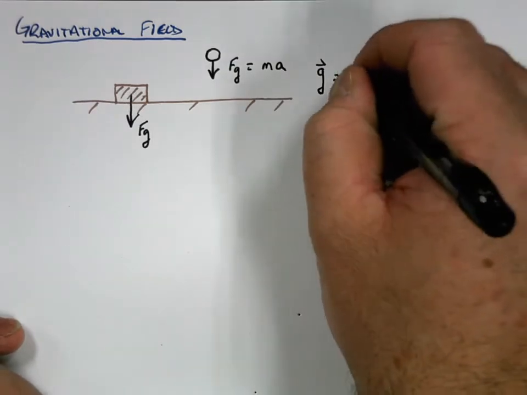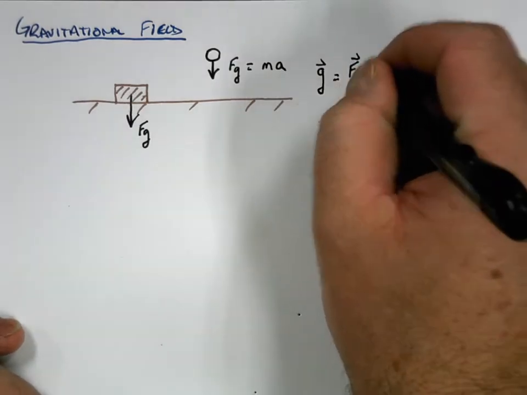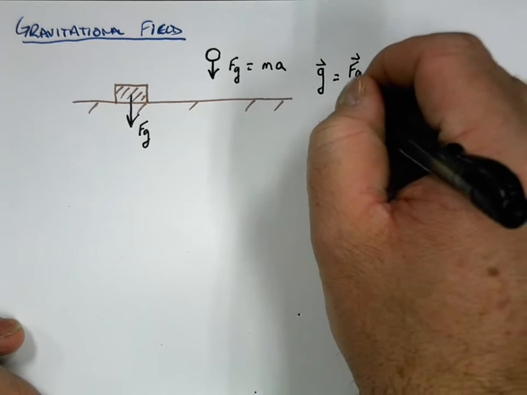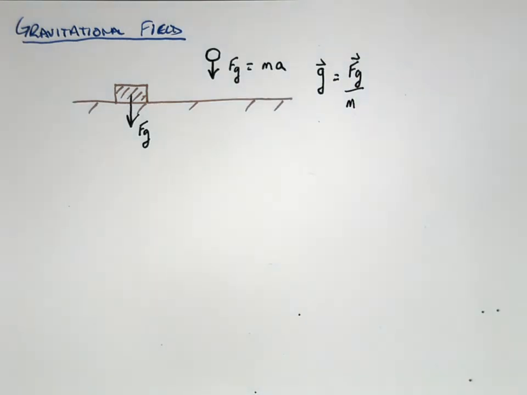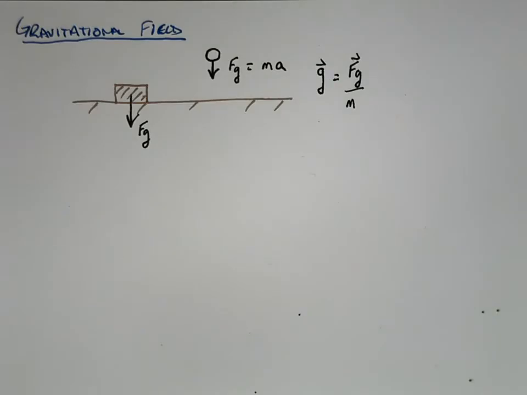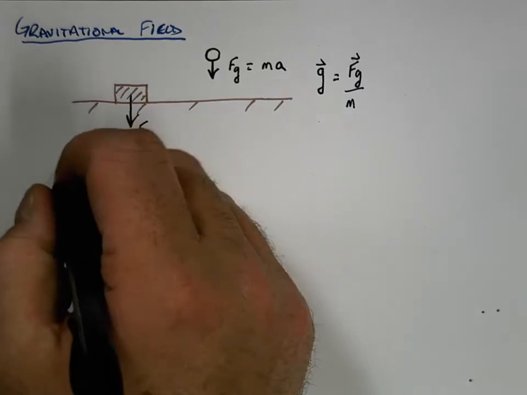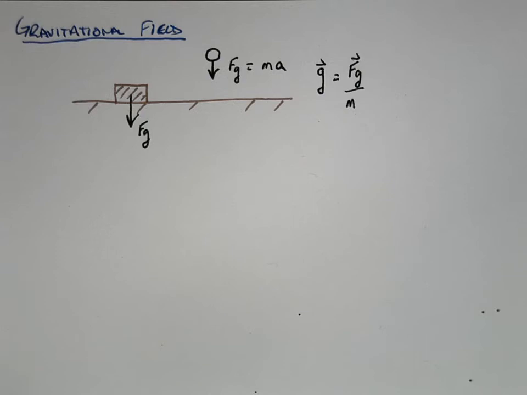And this equals our force of gravity divided by the mass of the object that's getting accelerated. This also answers another question for us: how much pull per kilogram is acting on any object's mass when we're close to the surface of the Earth.